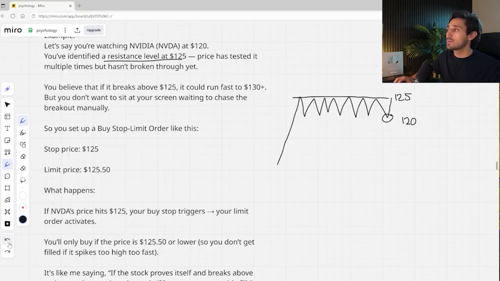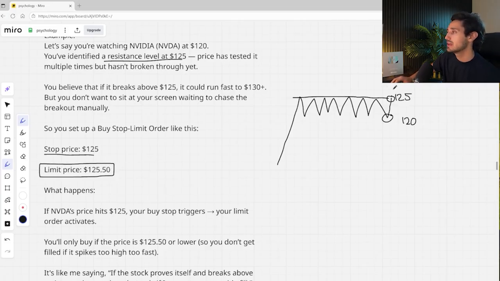So what you can do to protect yourself from that situation is, instead of using a stop order, you would be using a stop limit order. So when you add the limit part into the equation, what you could do is place your stop price at 125. Great. So when prices hit 125, instead of it triggering a market order, it would trigger a limit order, and you could do a buy limit order at 125.50.